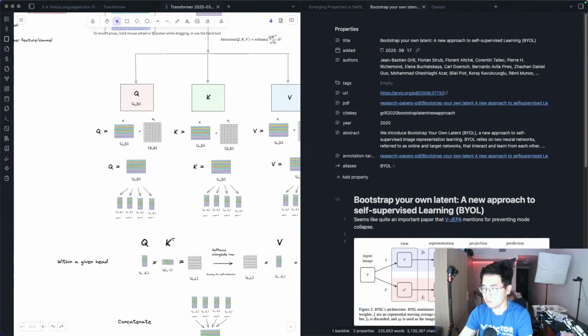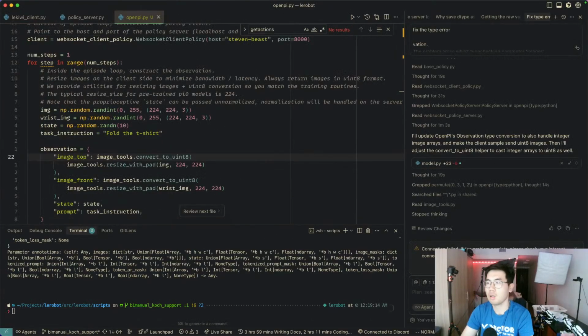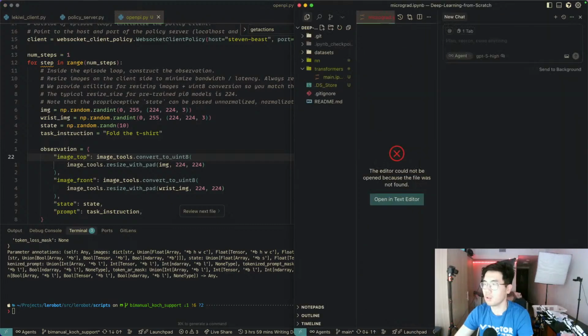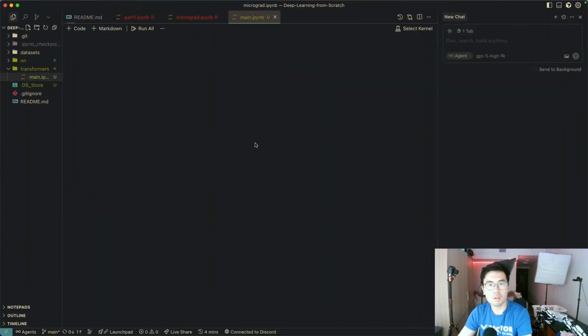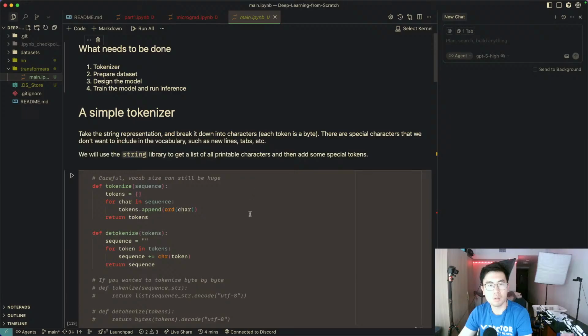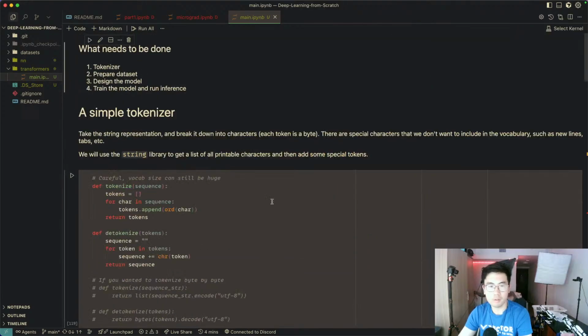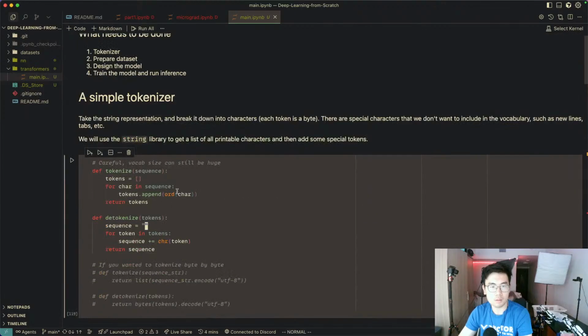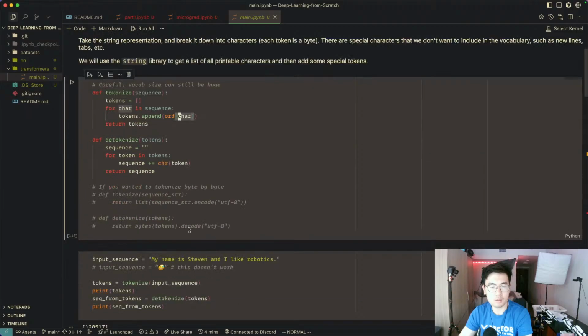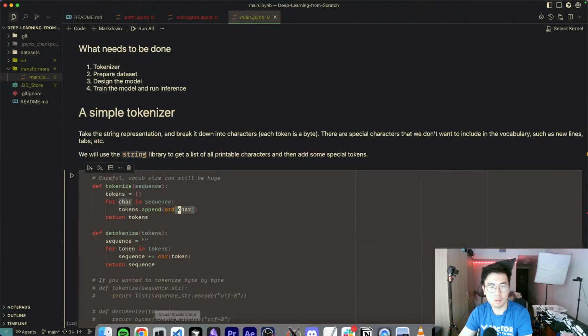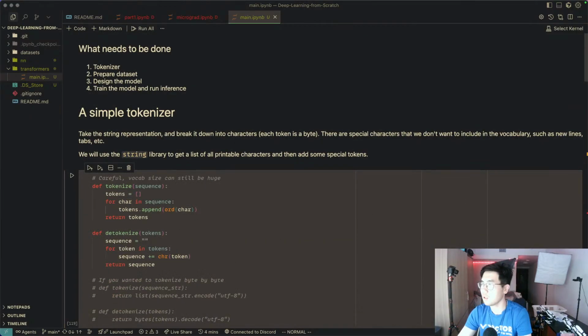I guess we're gonna use Cursor. No, that's not the right one. So yeah, I think I was going through it, and we have this. Okay, wait.